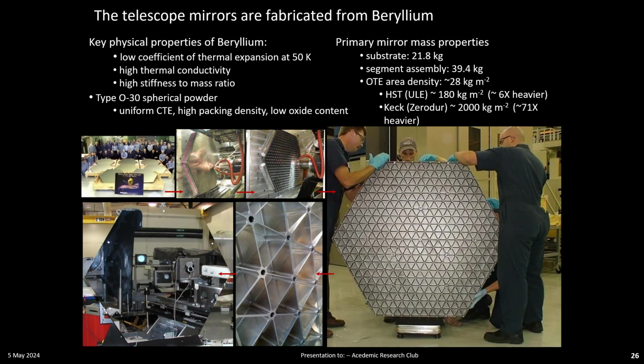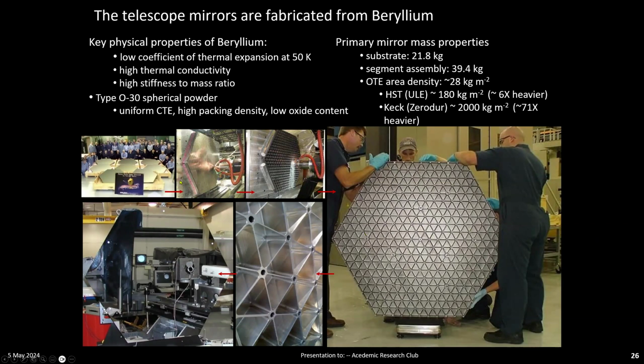And we didn't want those temperature gradients to spoil the shape of the mirror. So we had to find a material that had a low coefficient of thermal expansion at this enormously cold operating temperature of almost minus 230 degrees Celsius. And it turns out that beryllium has that property.